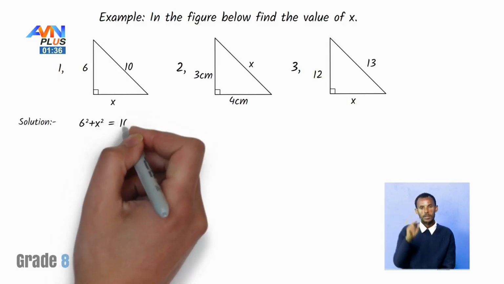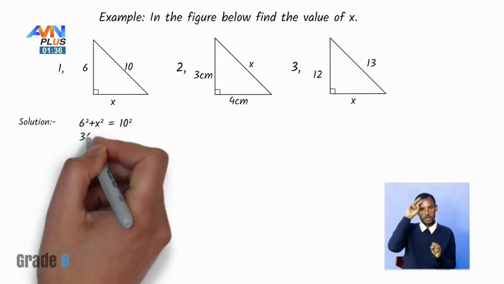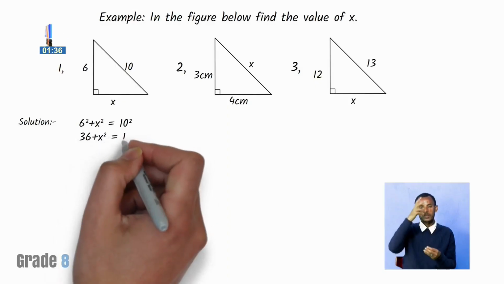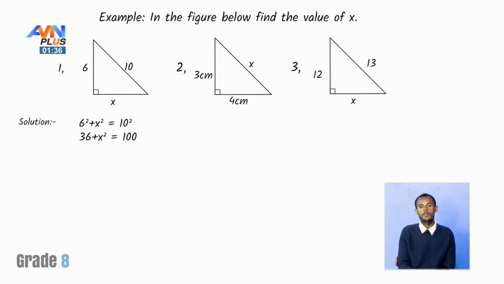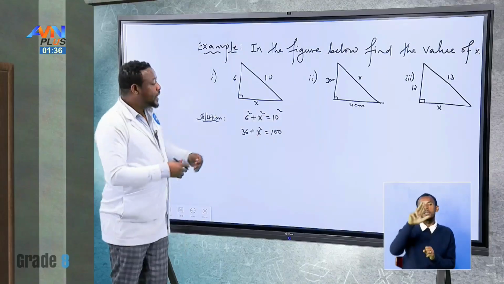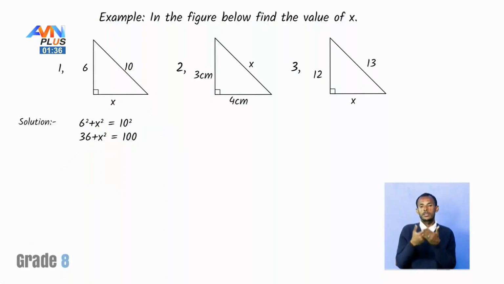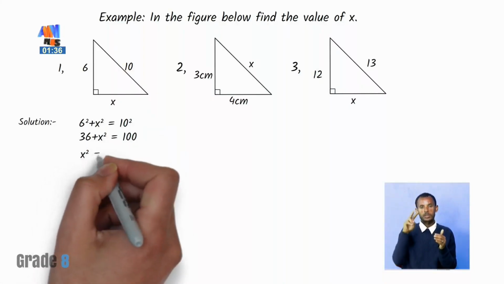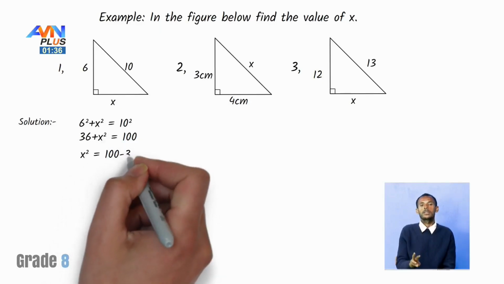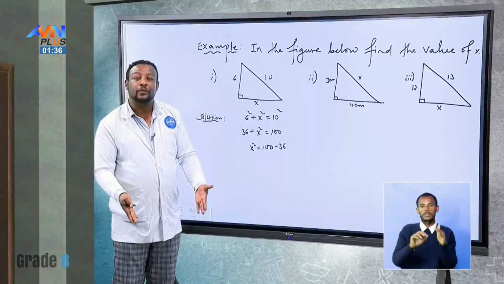So 6 square is 36. 36 plus x square is equal to 100. Now you can take 36 to the right side, then this equation becomes x square is equal to 100 minus 36. The difference between these two numbers is 64.